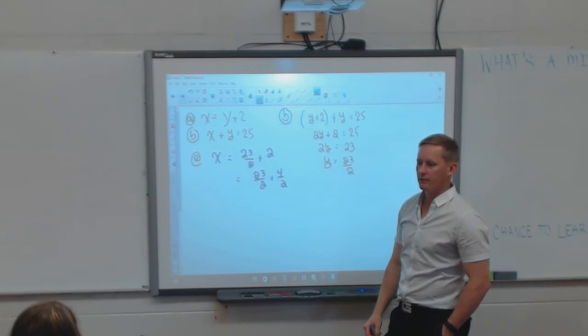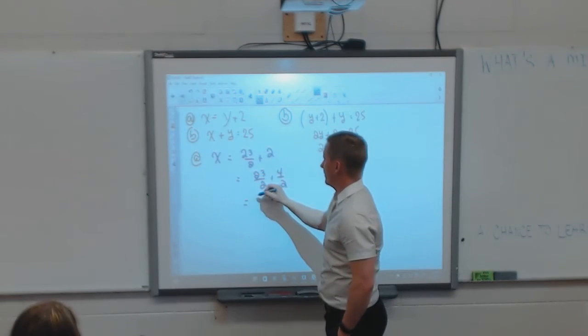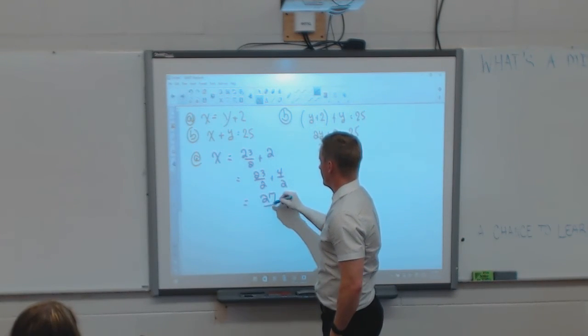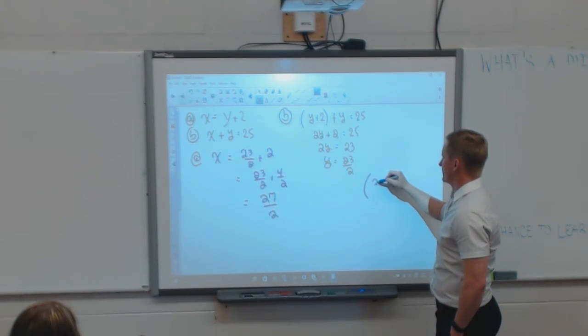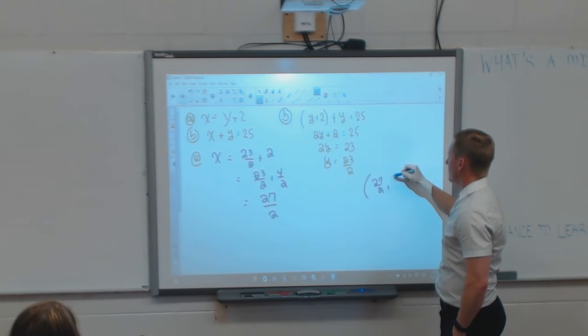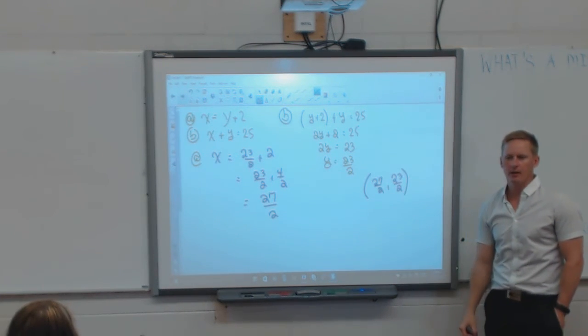Oh boy, fractions again. 27 over 2. So there's my solution. And again, I'm talking coordinates, so I like to see my answer as a coordinate at the very end.